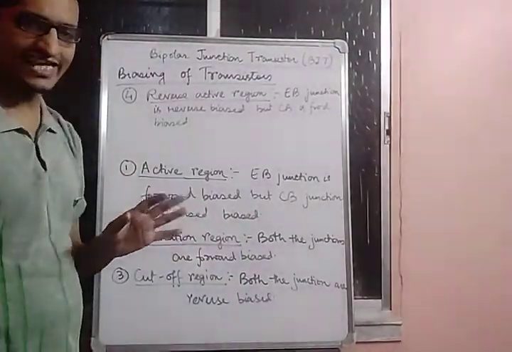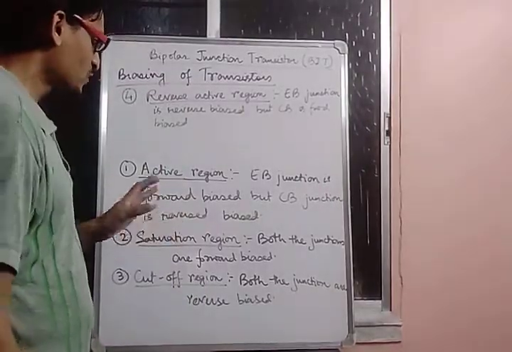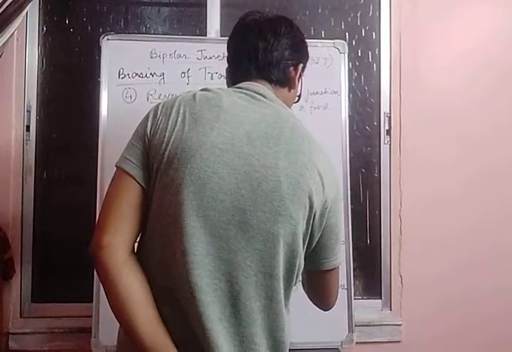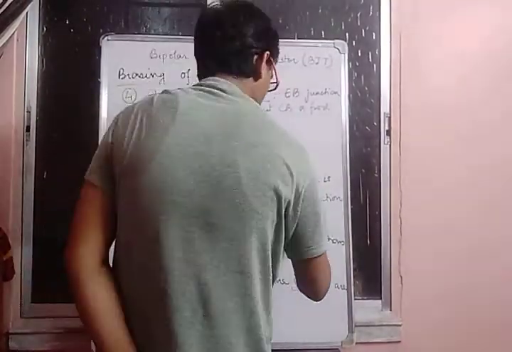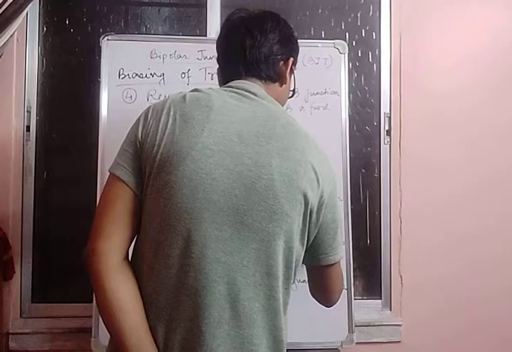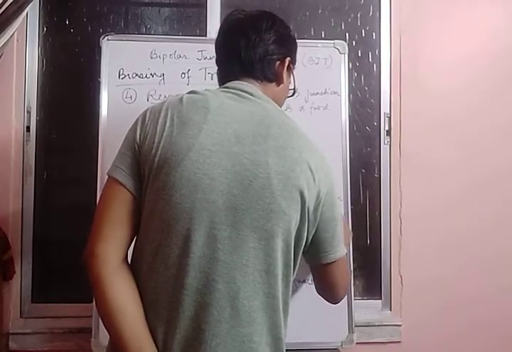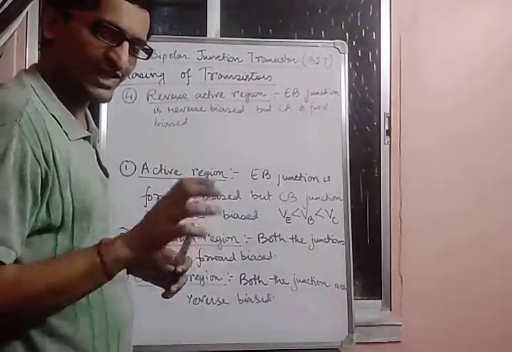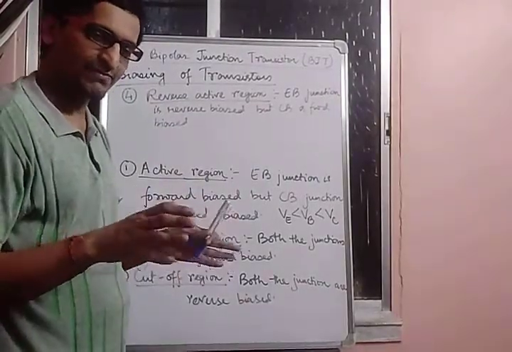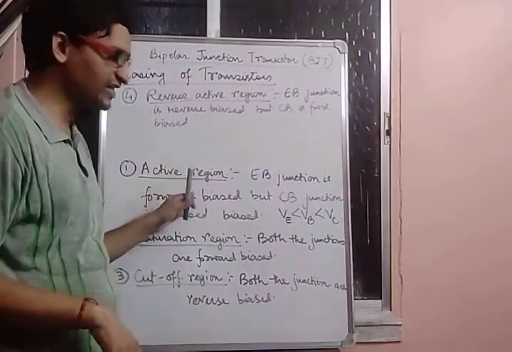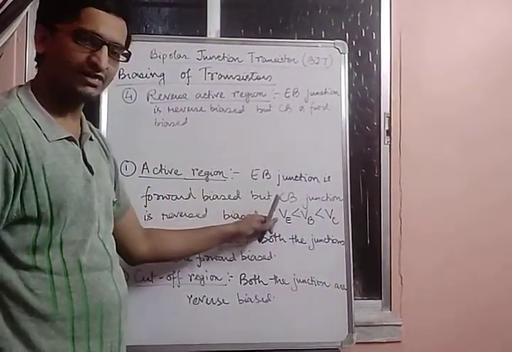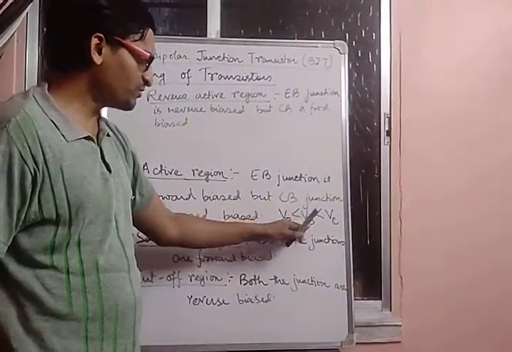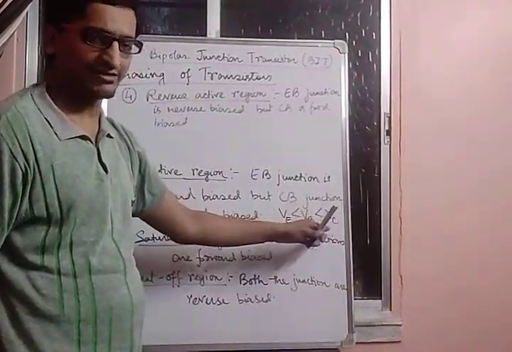If an NPN transistor is operating in the active region, then the emitter terminal voltage should be less than the base terminal voltage, and that should be further less than the collector terminal voltage.